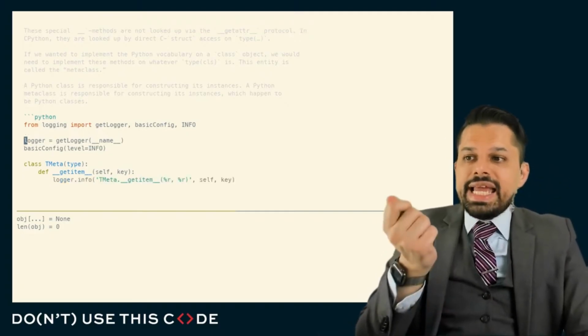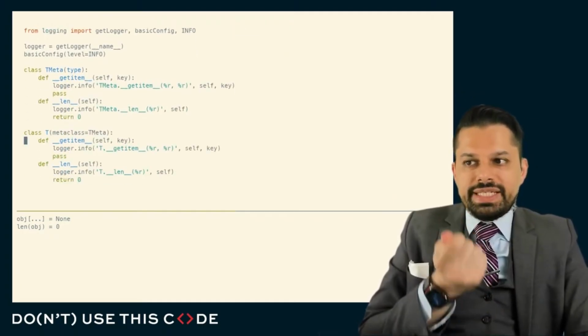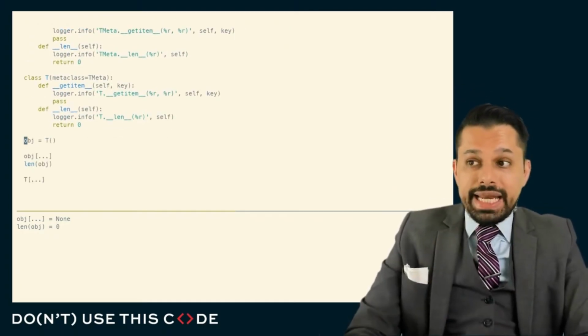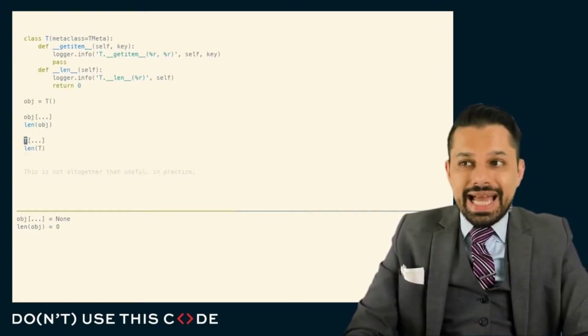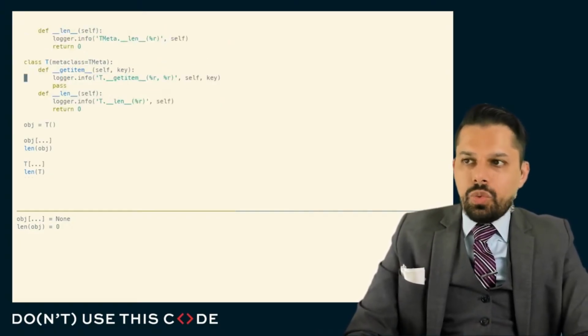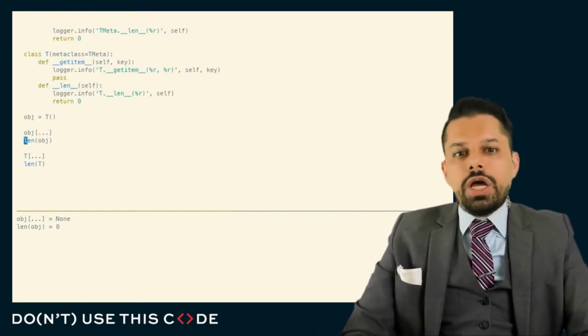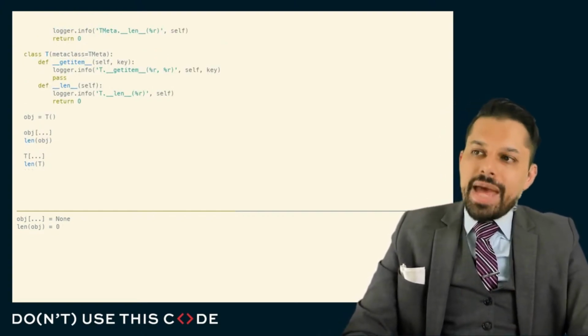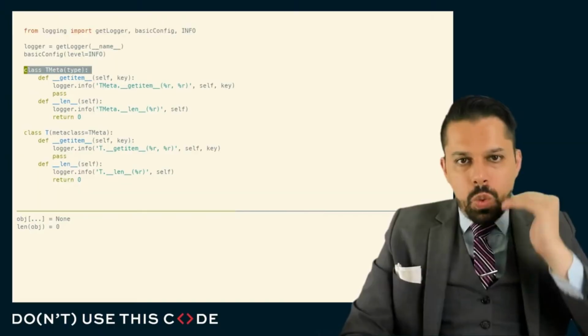Which means if you wanted to implement the same vocabulary, not on an instance, but on the type itself, well, this code here is what happens when we implement getItem or len on an instance. A metaclass is that one level higher.